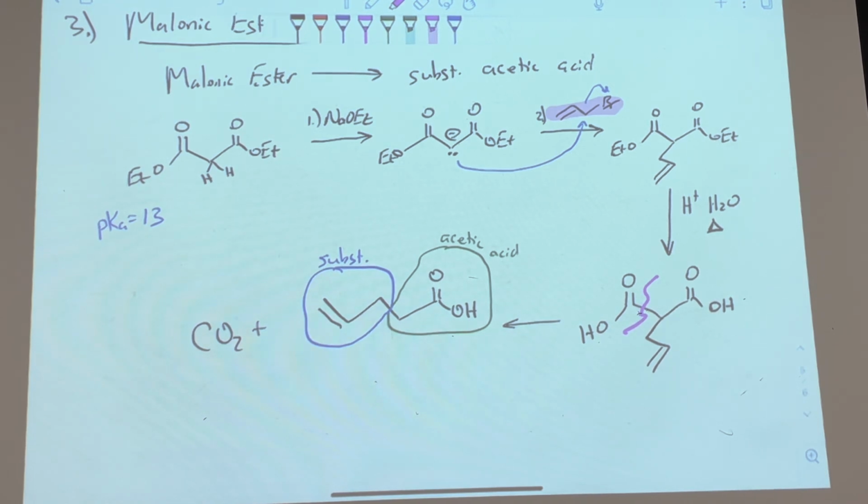So the halide that we added up here just ends up stuck to a 2-carbon carboxylic acid.